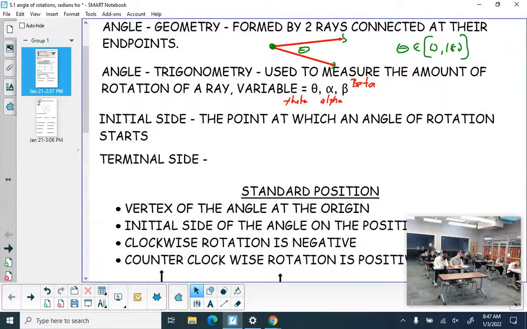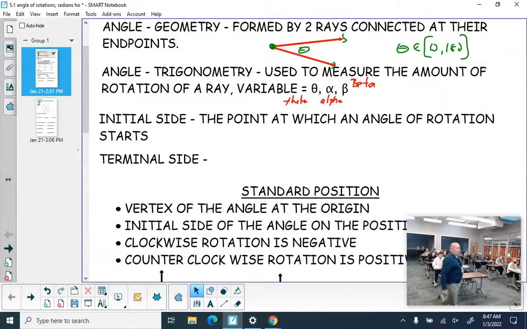Our main emphasis here is we're going to be talking about rotations. Rather than just having two rays connected at their tails, we have an amount of rotation. We have to have a starting spot with respect to a ray.